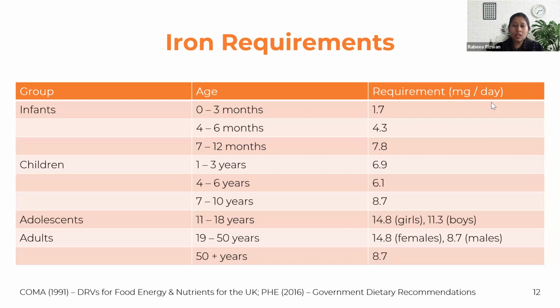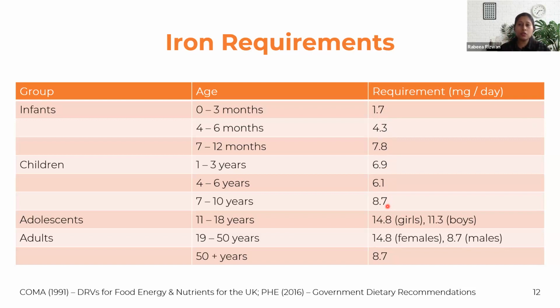Can you please tell me the reason why the requirements increase with age? I mean infants, toddlers, and children as well. The reason is development, because with age, children are developing towards adulthood.